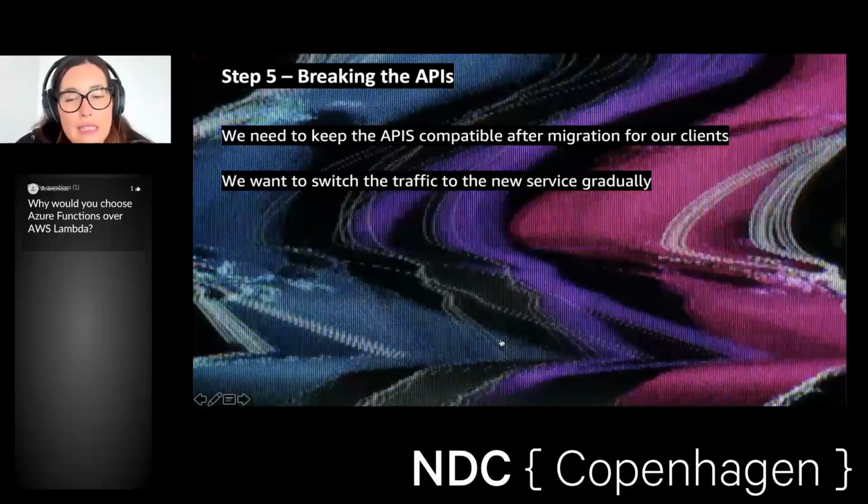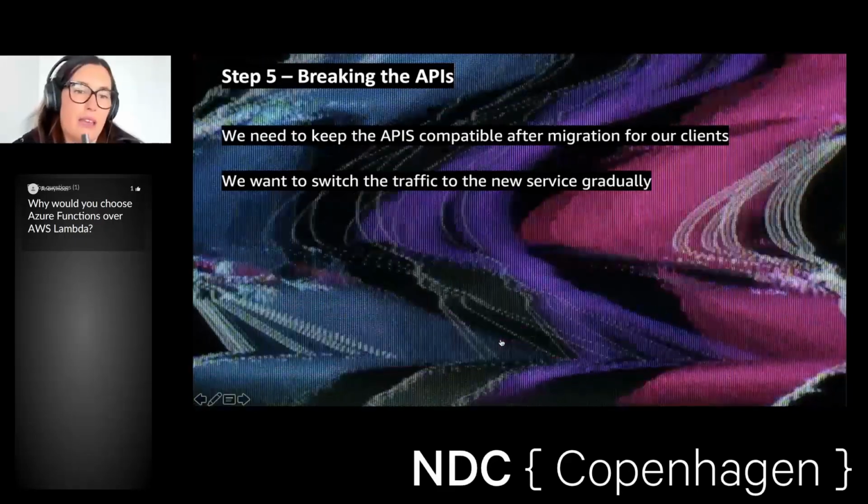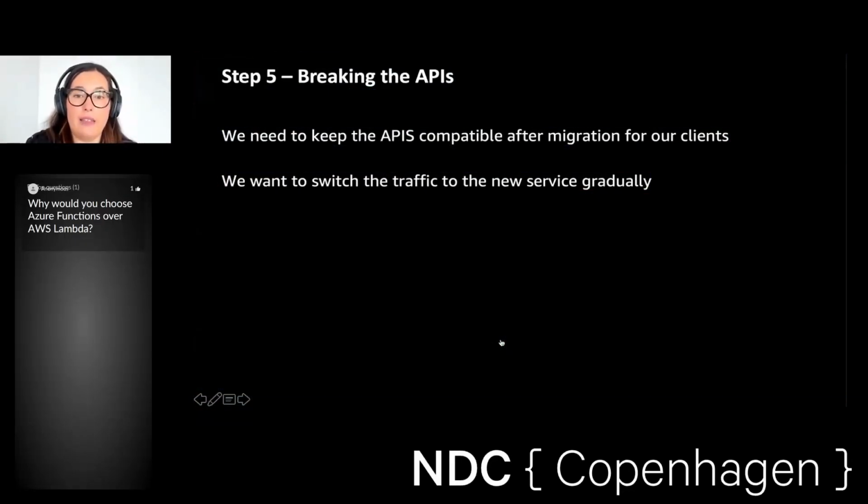And the last step is breaking your API. Here we need to break the API so that it is compatible after the migration with our clients. We don't want to change the clients after our migration. And also, one thing that is available now, and we want it because it makes your life so much easier, is to use traffic shifting to your new service in a gradual way.